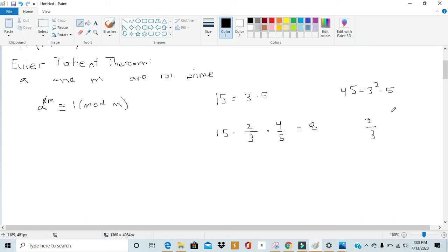Do the same thing with 5. We'd bring down 5 and write a number 1 less than 5 on the numerator. And then we'd multiply these two with 45 to get our totient of 45. 45 times 2/3 would give us 30, and then 4/5 of 30 would give us 24. So the totient of 45 is 24.